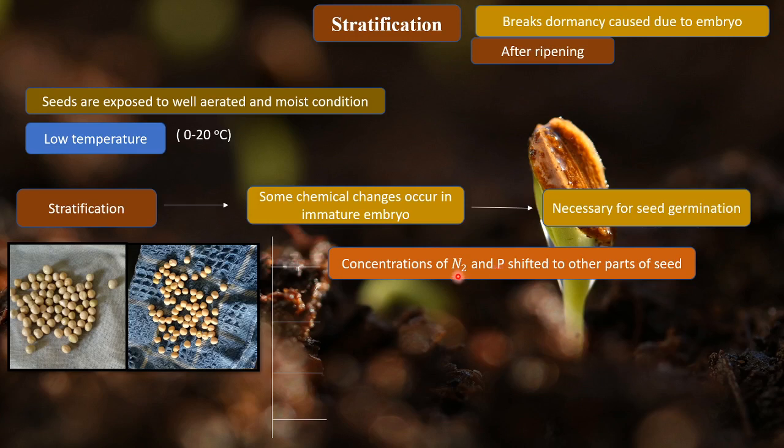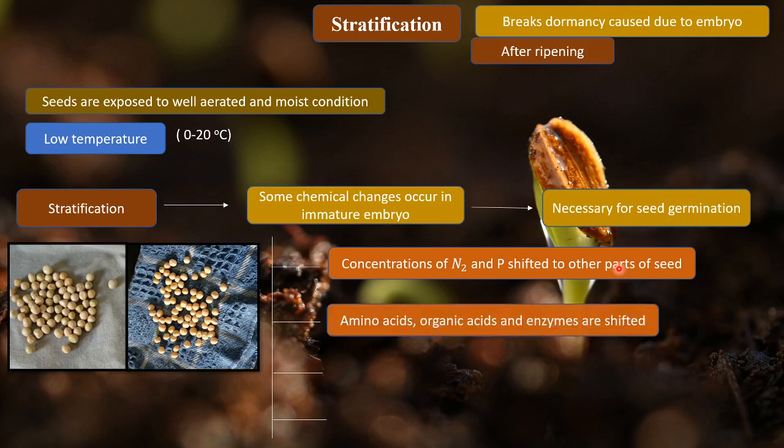So sometimes these are not available properly, and therefore by stratification the concentration of nitrogen and phosphorus will shift to other parts, for example to an immature embryo. When this shifts to an immature embryo, the embryo will mature and this will lead to its germination.